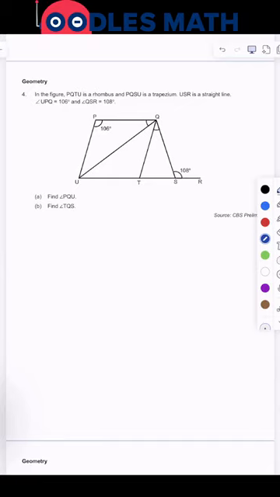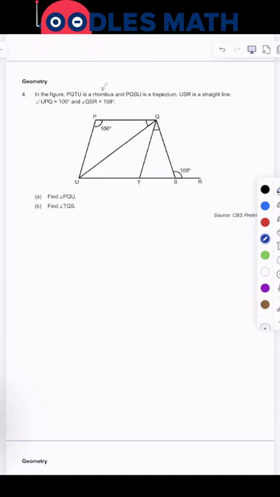Now in the figure, PQTU is a rhombus and PQSU is a trapezium. So now let's recap. For a rhombus, what are the properties?